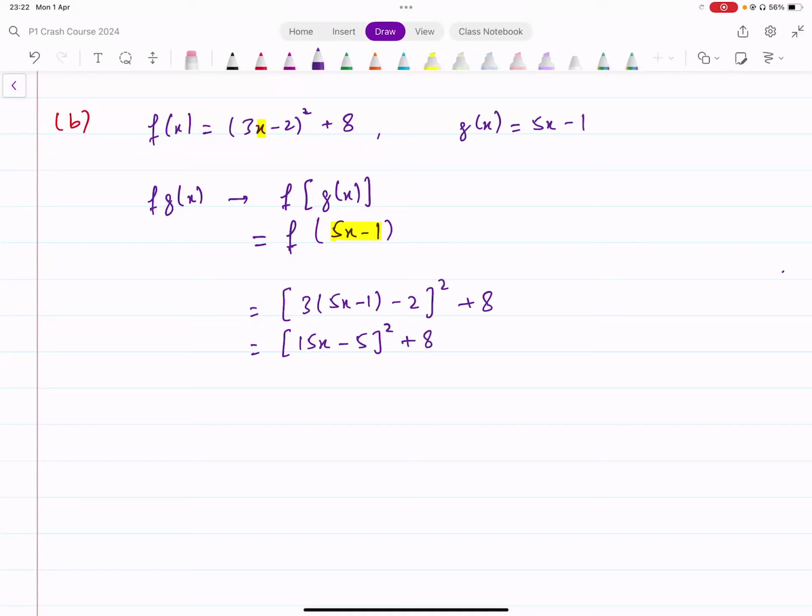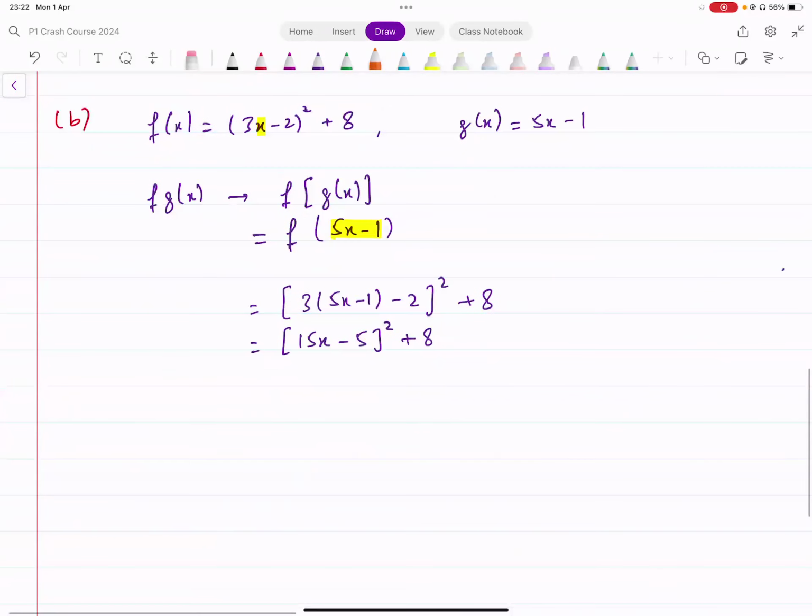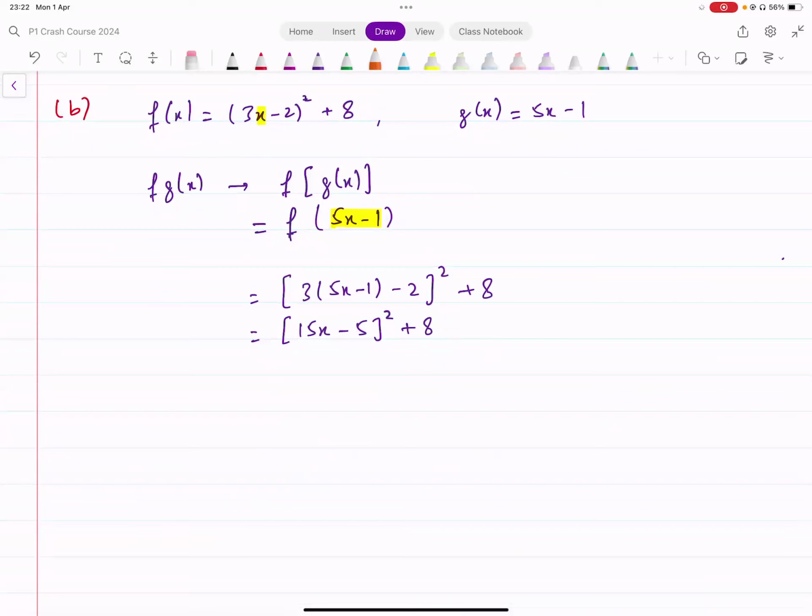Now, this is also a quadratic function. And again, this is the completed square form. We need to find the range of this function. What's the domain of this function? Can you tell me what the domain of fg of x is going to be? Remember, domain is always a set of values, not a number. It's greater than something, less than something, between some values.